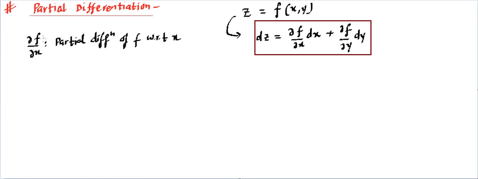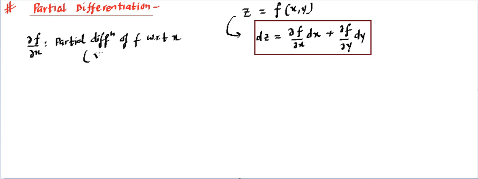That means we will be differentiating f by using the logic or rules or procedures that we have learned, and that differentiation has to be with respect to x. That means wherever x is, we will be differentiating that part, following the rules, and all other variables will be treated as a constant.